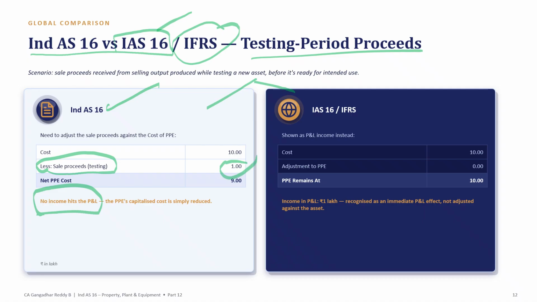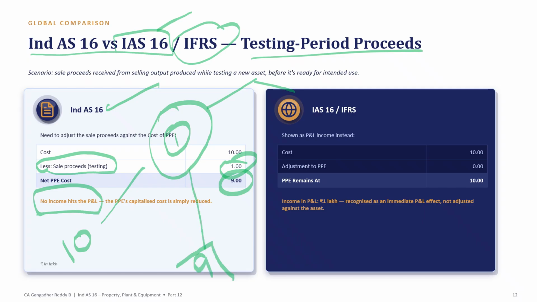You should reduce the testing proceeds and show the net PPE only. Suppose your PPE cost is 10 lakh, but you tested the product and during the testing you got 1 lakh. That 1 lakh should be reduced and the balance shown as PPE. We clearly discussed this in part 5, how we test and everything.